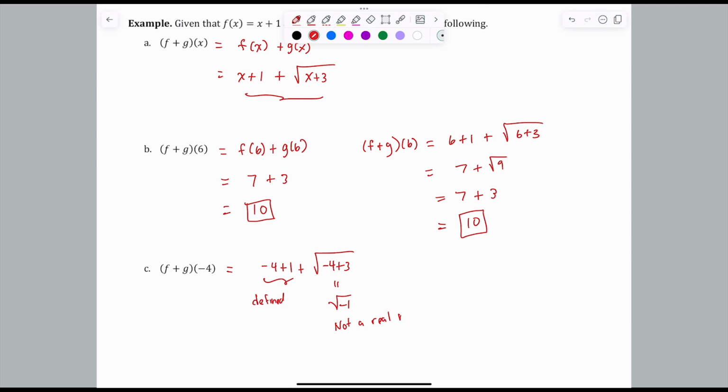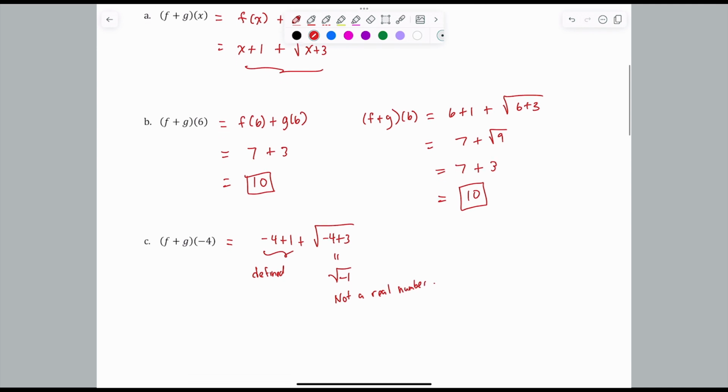And so we got to be careful when we plug in inputs into sums and products and differences and quotients, because the inputs might not be in the domain. For instance, this is part C here. Note, negative 4 is not in the domain of g.